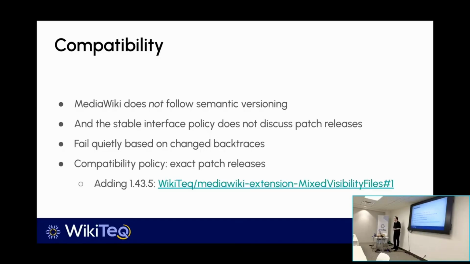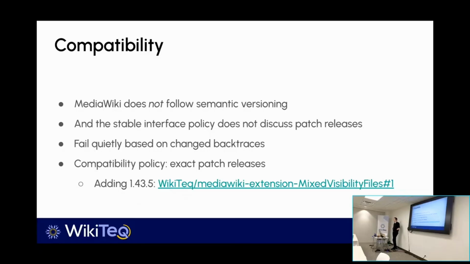Here is the code for this extension is public. That's why I'm able to introduce it to you all. And if you look on GitHub, you can see here's the code that we actually needed to change in order to support 1.43. The entirety of that WF image auth main function was removed.